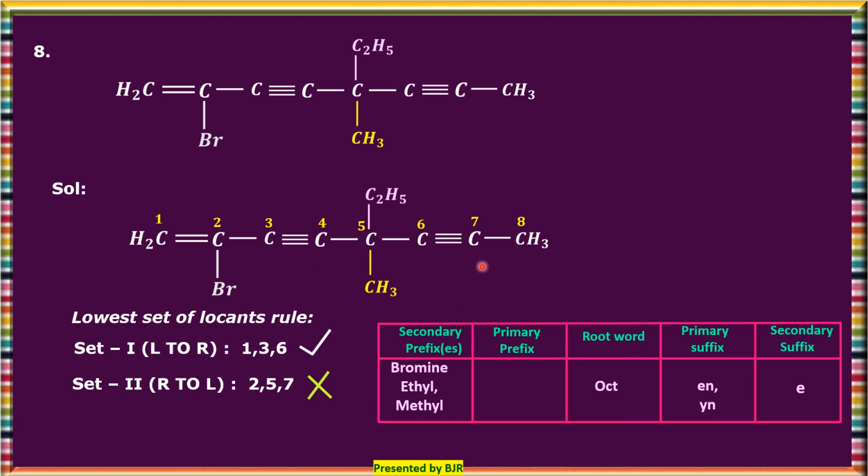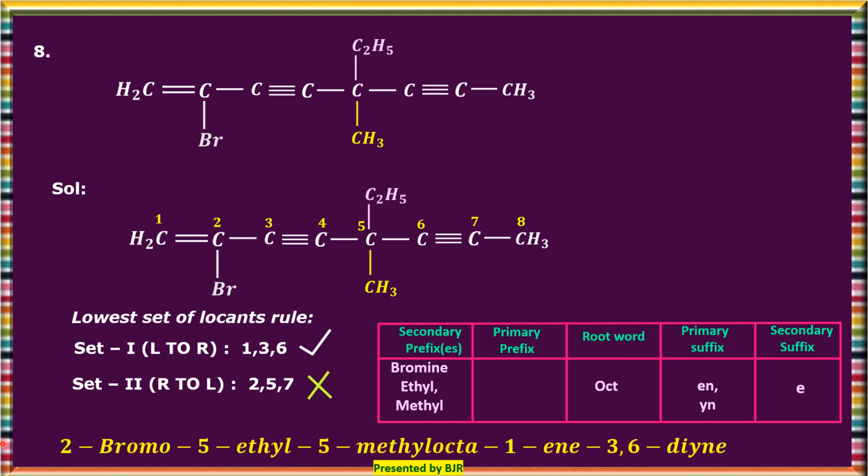Why? Because 2 double bonds are there. Octa, 1 yne 3, 6 diene. 2 bromo, 5 ethyl, 5 methyl octa, 1 yne 3, 6 diene.